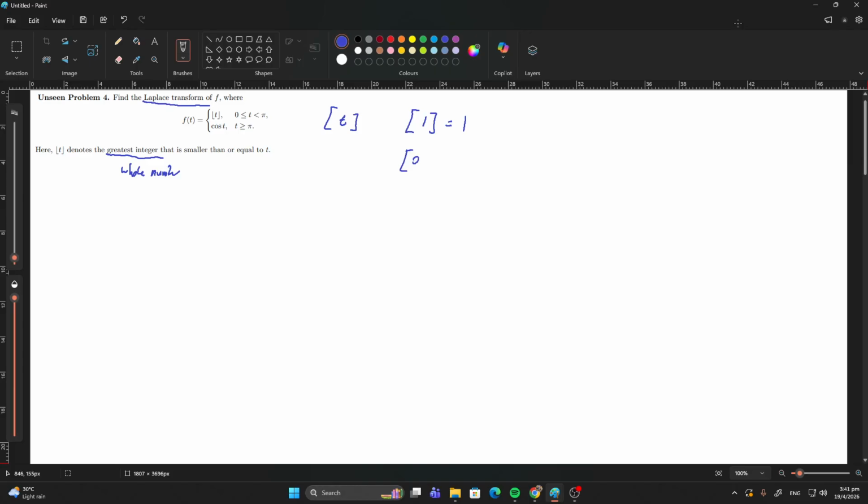When my t equals 0.9, the greatest integer is actually 0. When it equals 1.1, it equals 1, and when it equals 2.9, it equals 2. So basically, it just takes the lowest whole number, essentially. There's a special name for it, I forgot what it was, but let's just continue.